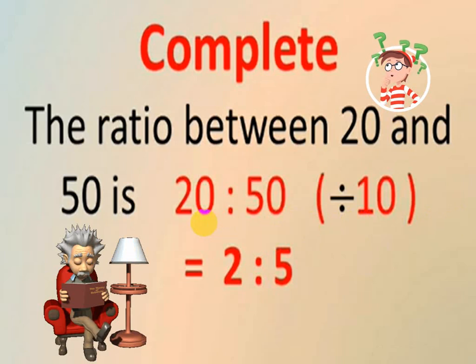So we will divide by 10. 20 divided by 10 equals 2, I write 2 below 20. 50 divided by 10 equals 5, I write 5 below 50. 2 and 5 are in the simplest form because there is no common factor between them. So the ratio in the simplest form is 2 to 5.